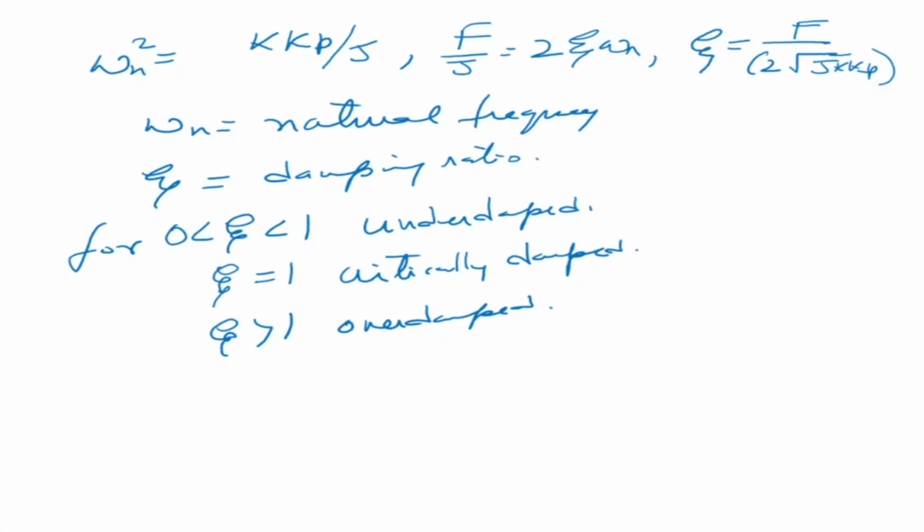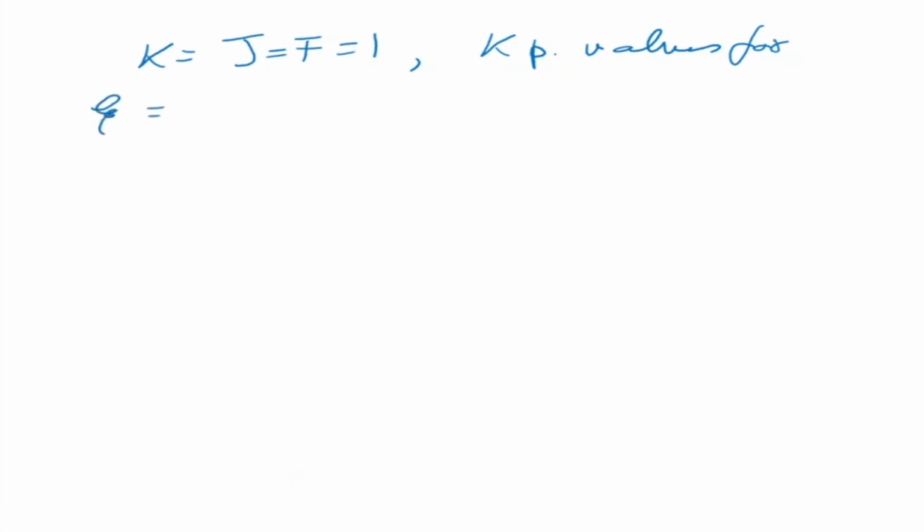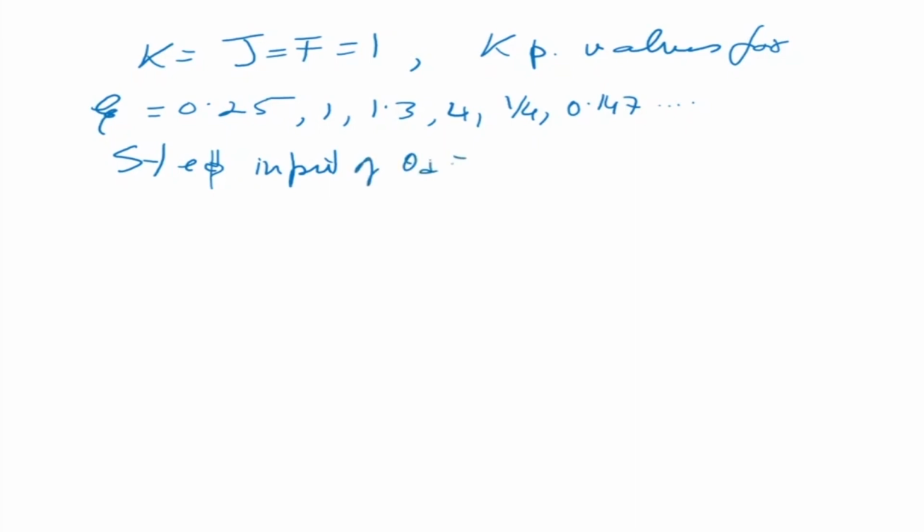To get the response of our system, we can make the assumption, just to plot and see, that K equals J equals F equals 1, with values of Kp chosen for zeta equal to 0.25, 1, 1.3, and so on. And we have a step input of theta d equal to 1 by s.